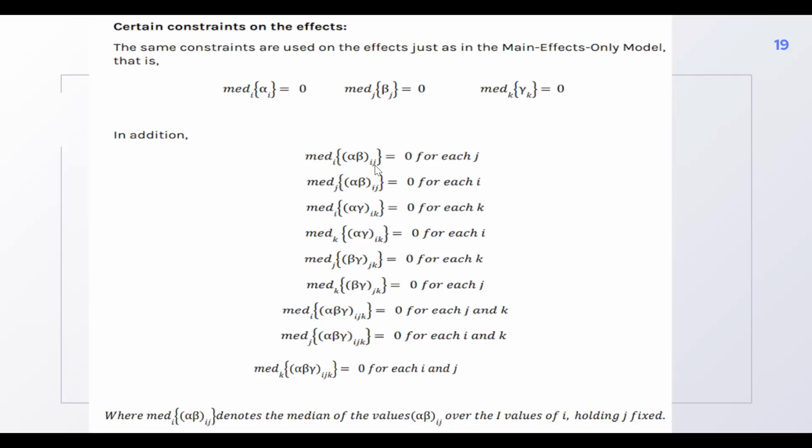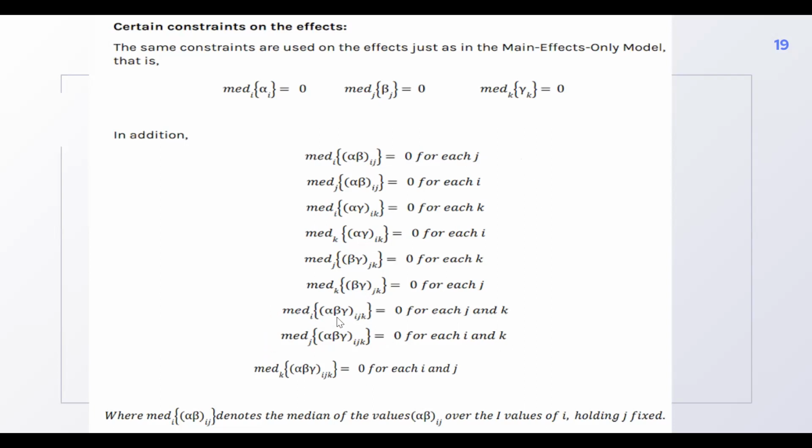For let's say yung J is equal to 1 muna. Kung ilan yung J natin. So parang when J is equal to 1, ang median niya is ang median ng I natin, let's say 2 of the interaction effect of A and B of sub 2, 1 is equal to 0. So ang point lang po dito is yung lahat ng interaction effect, ang median po is equal to 0.